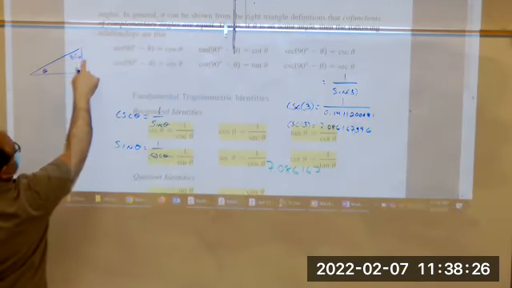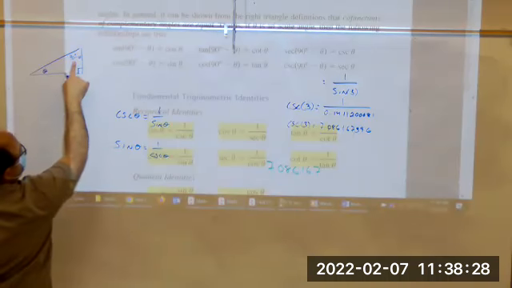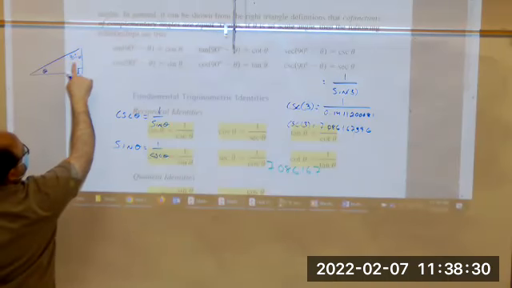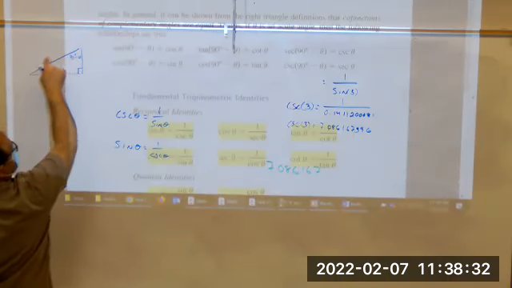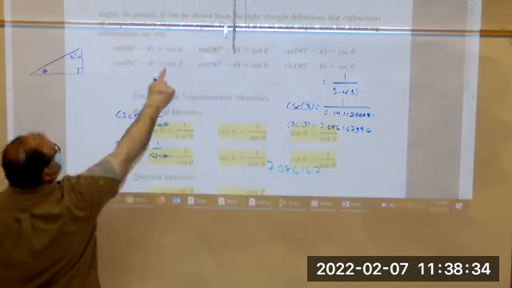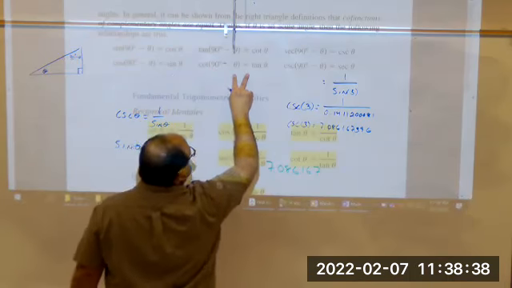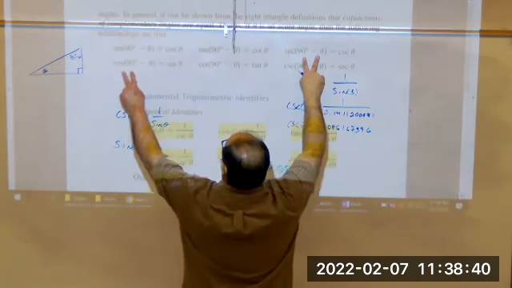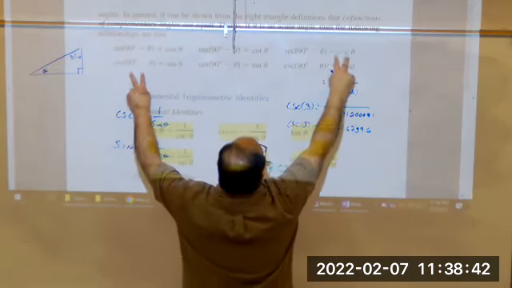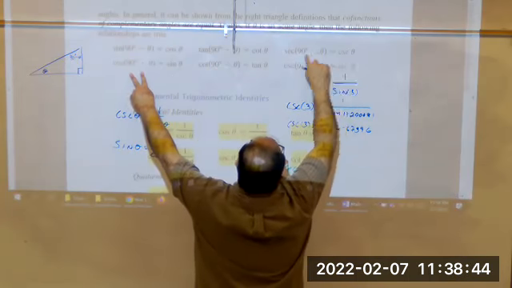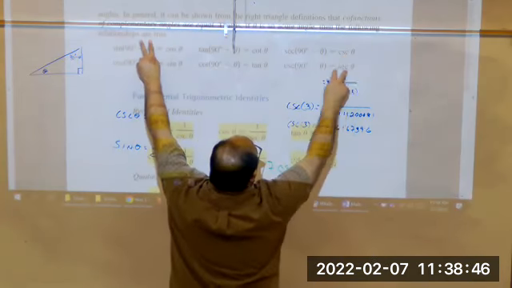And the cosine, adjacent over hypotenuse, for 90 minus theta, well, that's theta's opposite. So that's opposite over hypotenuse. So that's the sine of theta. Same thing goes with tangent. And then you flip over cosine and you get secant versus cosecant, and you flip over sine, you get cosecant and secant.